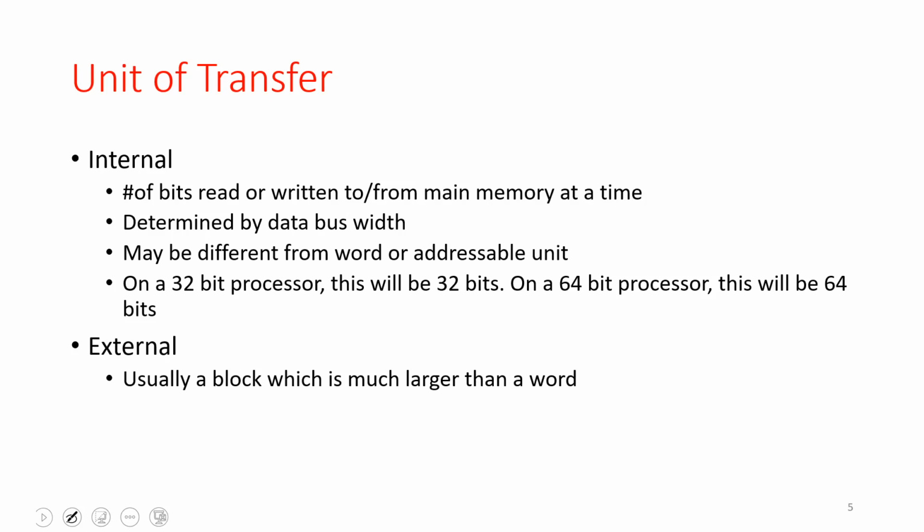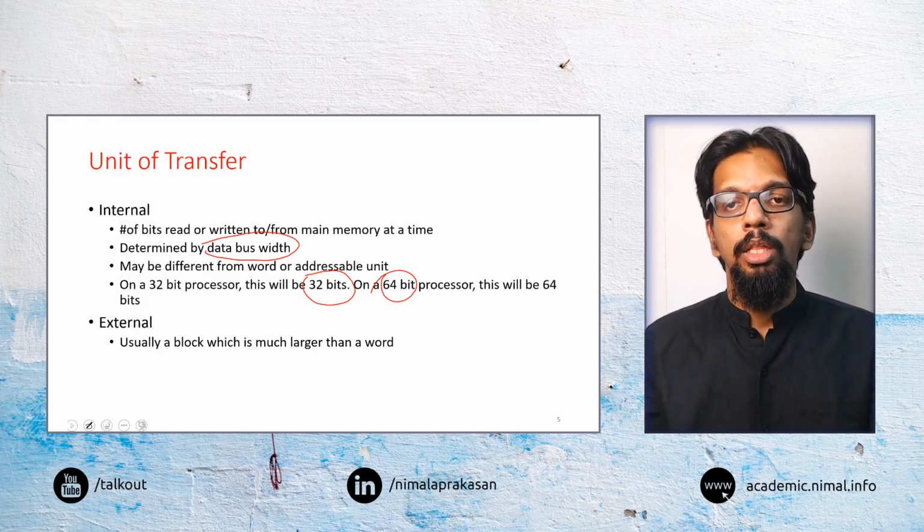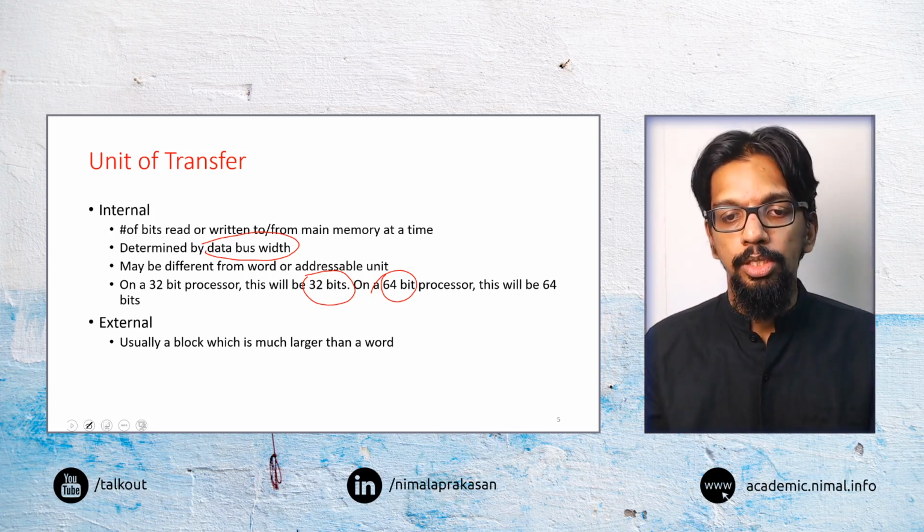And as we said, the main thing to remember here is, depending on the data bus width, which we normally identify as either a 32-bit system or a 64-bit system, the bus width of the processor will determine how much data is being transferred back and forth within that internal memory communication.